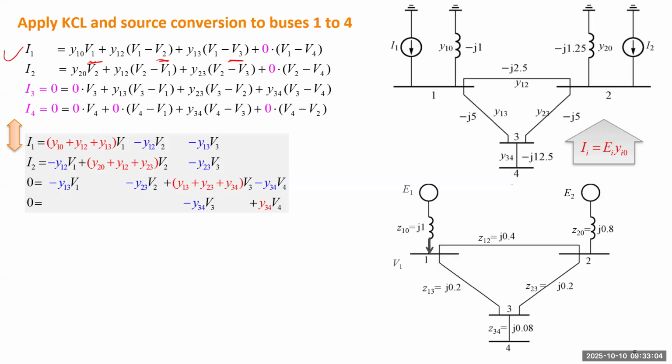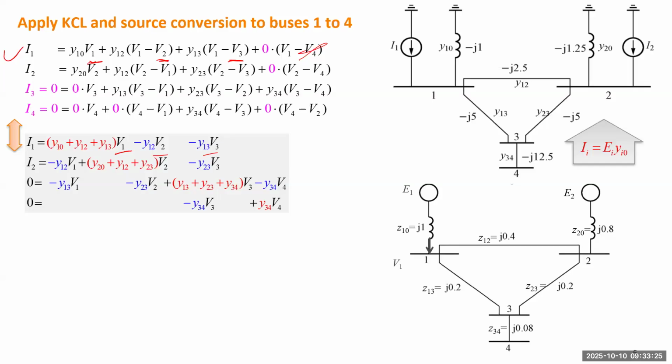That's the three buses connected to, or involving, bus 1. It has no relationship with bus 4. So there will be 3 voltages, and we just create 3 items based on those 3 voltages.